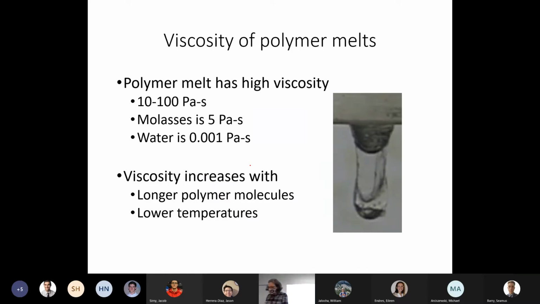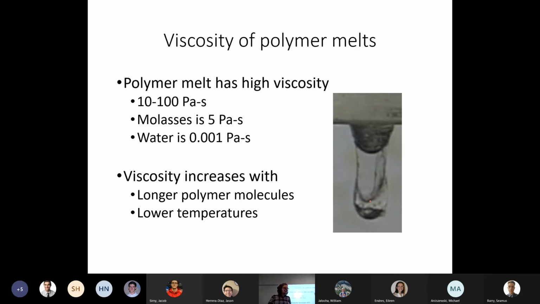Okay, I know you oftentimes think about viscosity, and this is a picture of a melt of plastic, and we sometimes refer to the plastic when it can easily flow as a melt that's coming out.